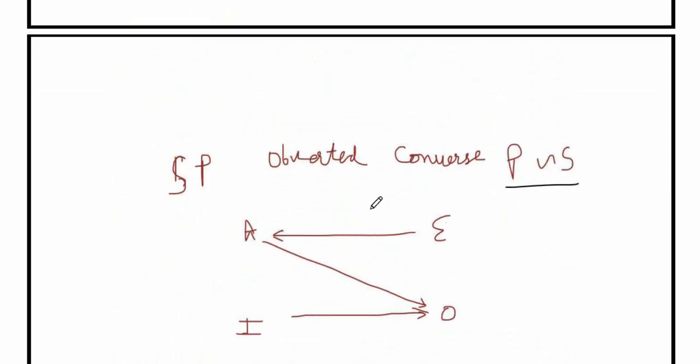These are the proposition types A, E, I, O. We write it down. It starts with E, goes to A, that is, E gets converted to A, which gets converted to O, and I gets converted to O. So E converts to A converts to O in obverted converse, directly, without following the converse and obverse steps.